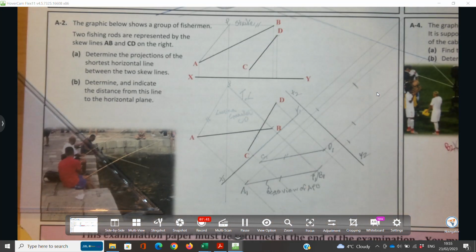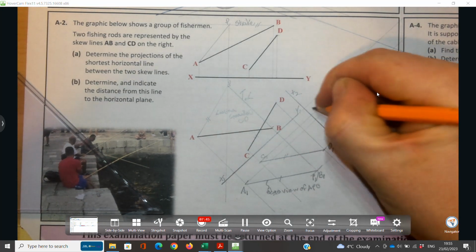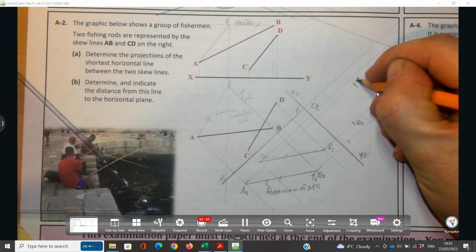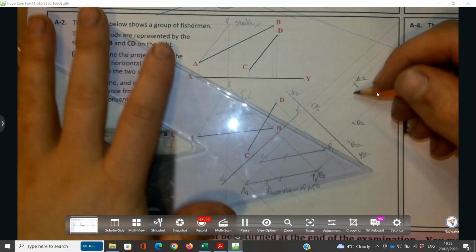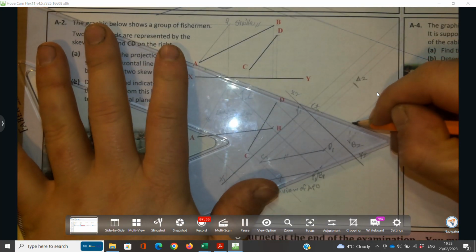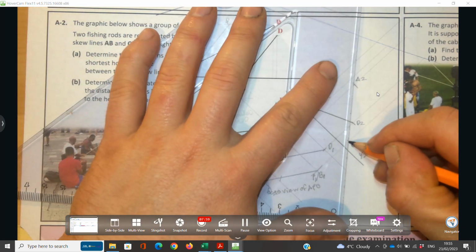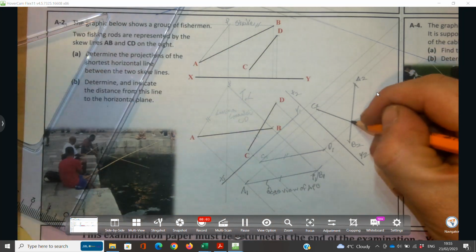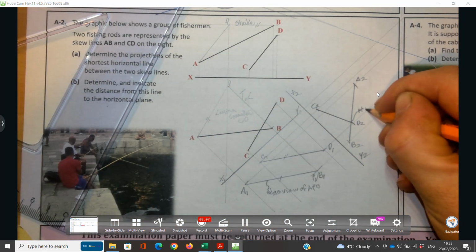Now label these points: D2, C2, A2, B2. I'm going to join these together, so D2 to C2 and B2 to A2. Now this is the shortest horizontal distance as a point view.